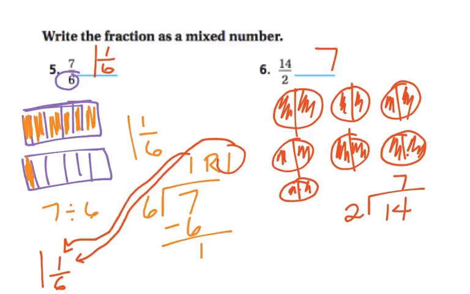Well, you knew it went in 7 times evenly. And there was nothing left over. So you just take that, and that's your whole number. You have nothing left over, so it's just 7 wholes. Again, you don't have to do the visual. I just want you all to understand why the answer is what it is.